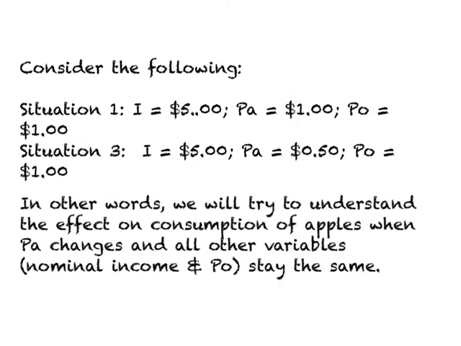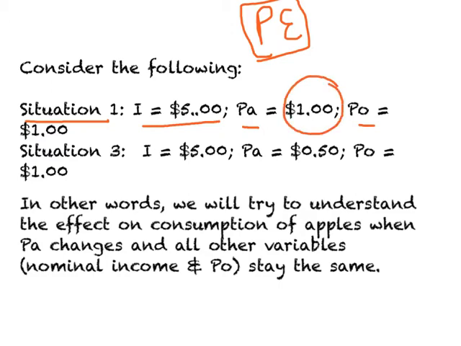Now let us go back to the situation of price effect that we had considered in the previous video. And what we had was, in situation 1, nominal income of this person is $5, and price of an apple equals price of an orange, which is $1. Then we had situation 3, where nominal income stays the same as in situation 1.